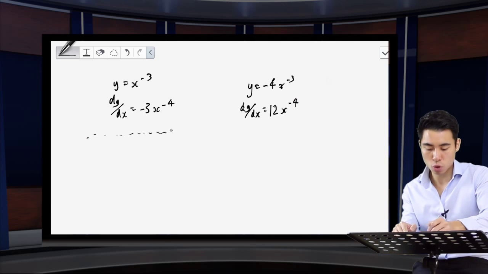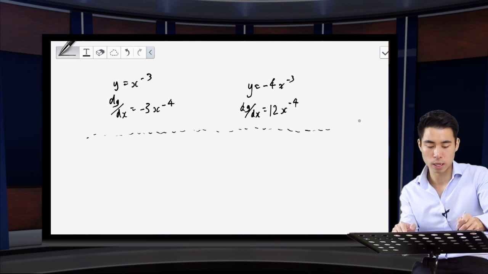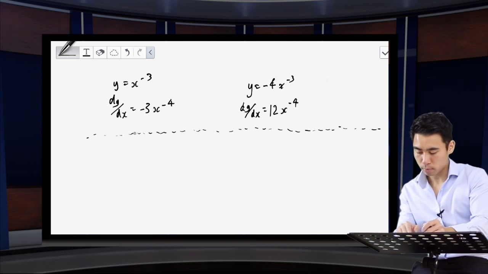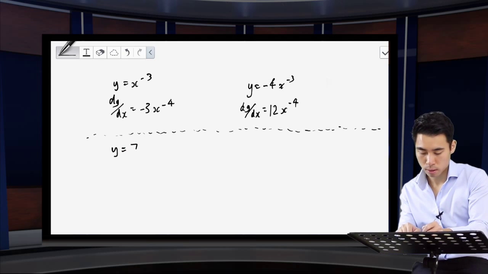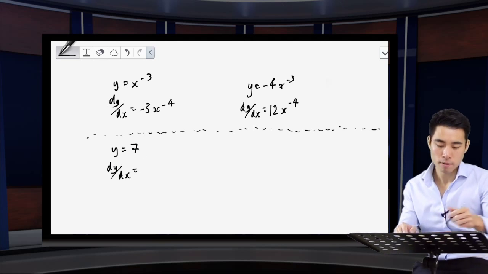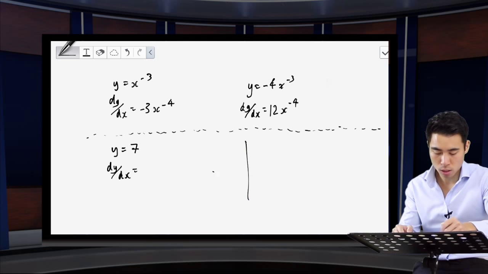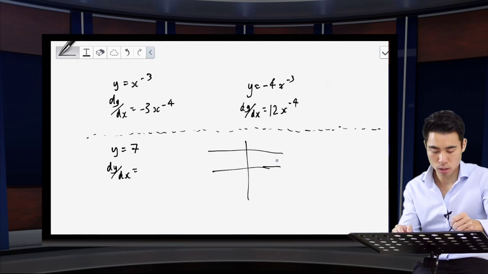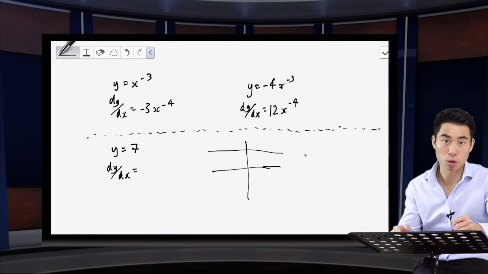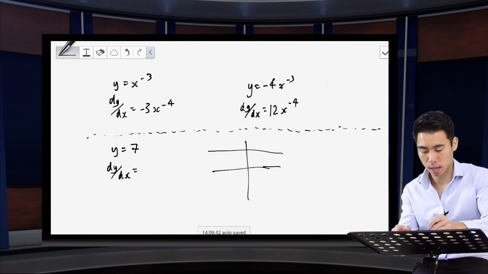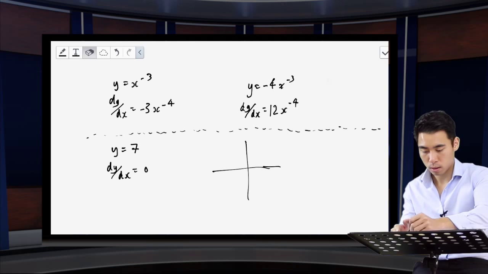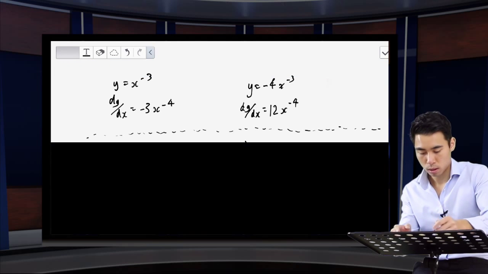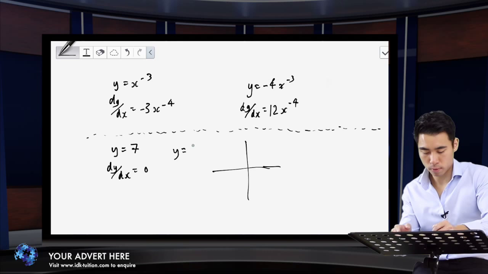And now coming back to the two examples that we looked at right at the start of this video, if I have y equal to a single number, y equals 7. You remember y equals 7 is just a horizontal line like that. Y-axis intercept 7. Notice horizontal line, it has no gradient. So your dy by dx is going to be 0 in that case. And that's the same if I were to have y equal to minus 3, say.